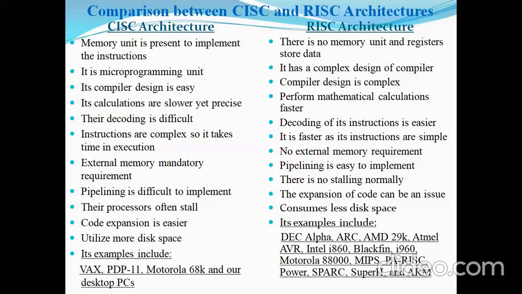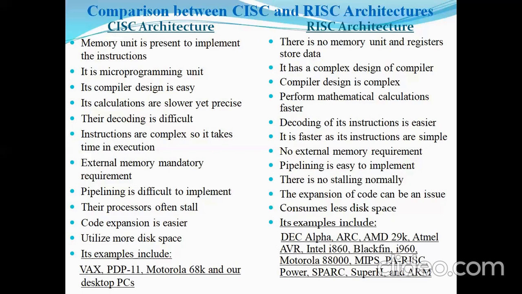Then the calculations are slower but yet precise in the CISC architecture, whereas the RISC architecture performs the mathematical calculations faster.